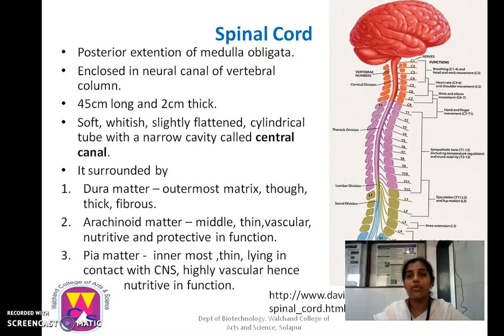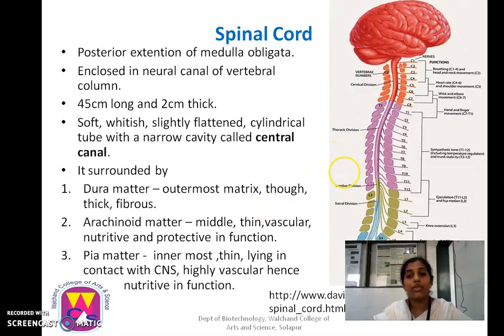The cervical division regulates breathing, heart rate, and functions like shoulder, wrist and elbow movements. The thoracic division, shown here in purple, coordinates sympathetic tone, including temperature regulation and trunk stability.